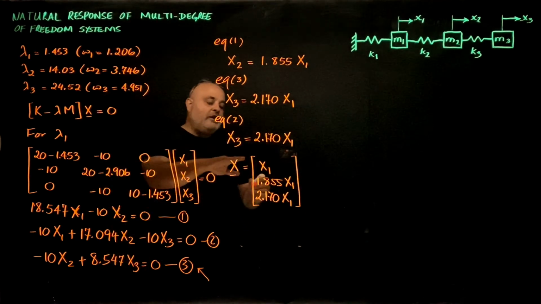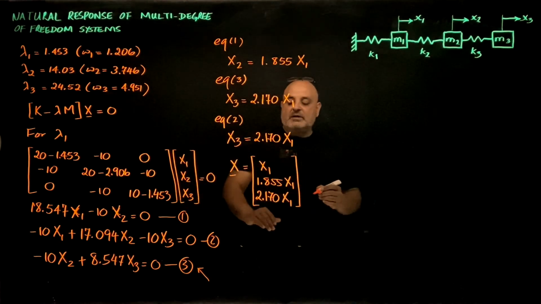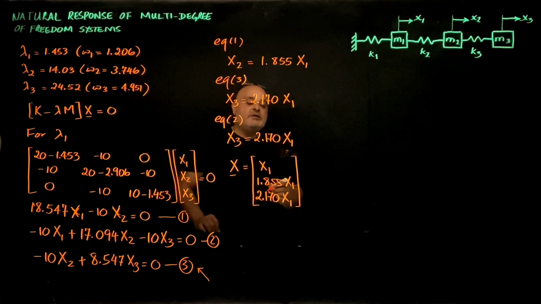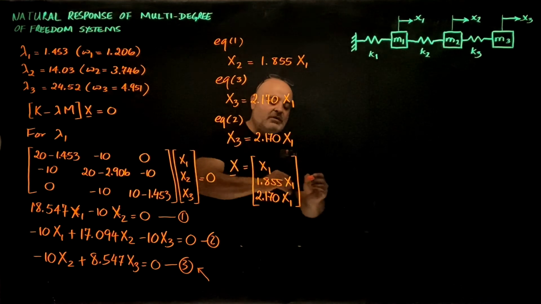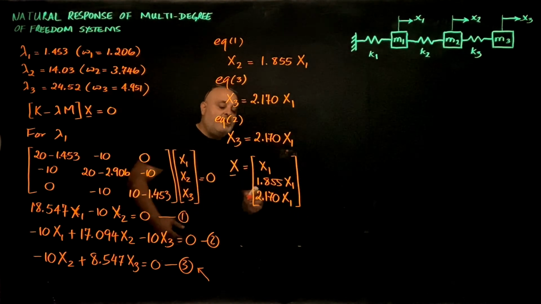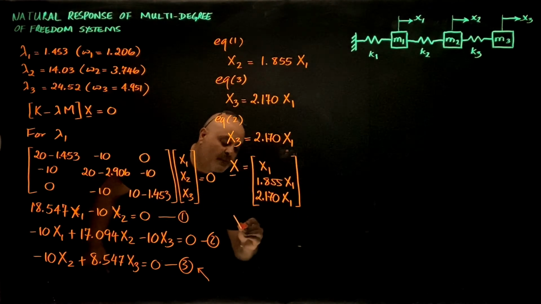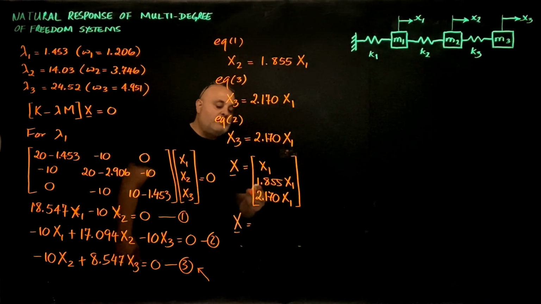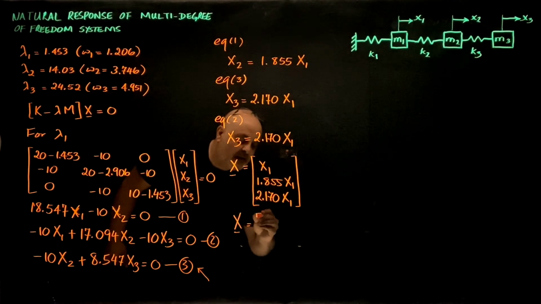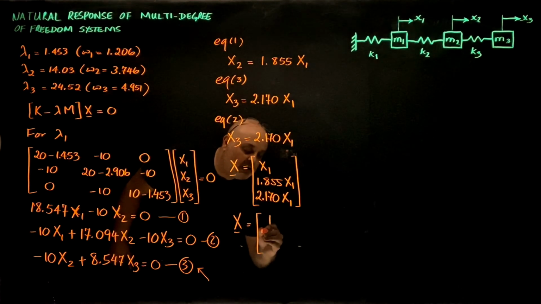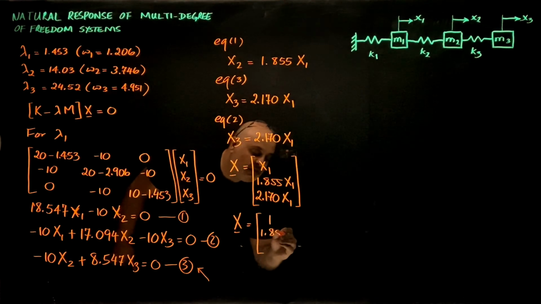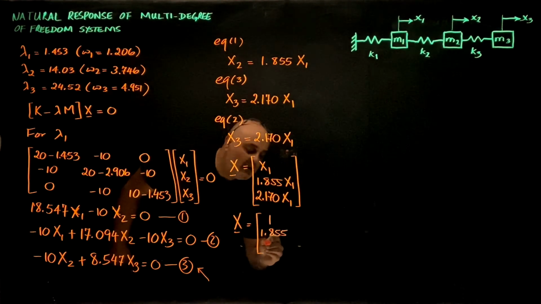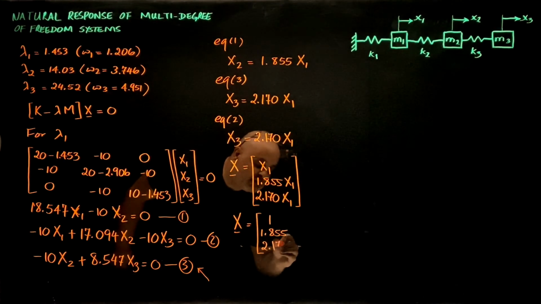For each assumed value of x1, I'll have a vector x. So if I factor out x1, the x solution becomes 1 and 1.855 and 2.170.